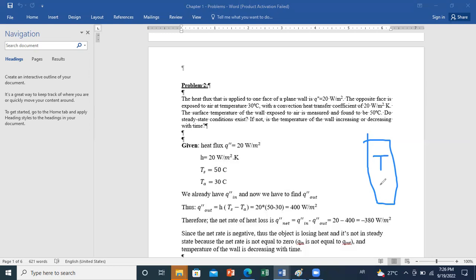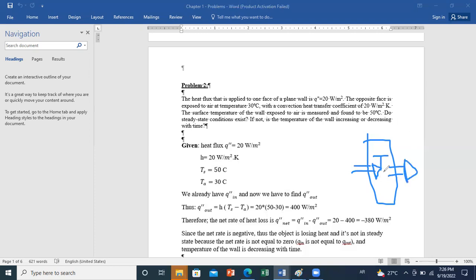Yalla, who can tell me, if you just think logically, if you have a body and you don't want an increase or decrease in temperature, what should be the net heat exchange with the environment? If you have a flux that's coming in, you should have exactly the same flux getting out, assuming no generation.